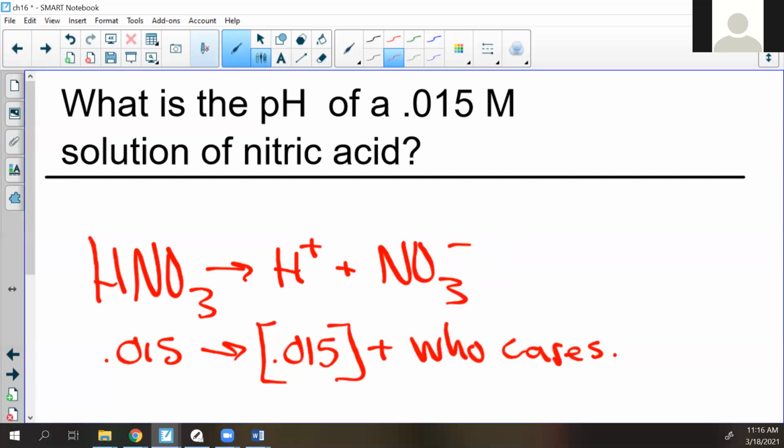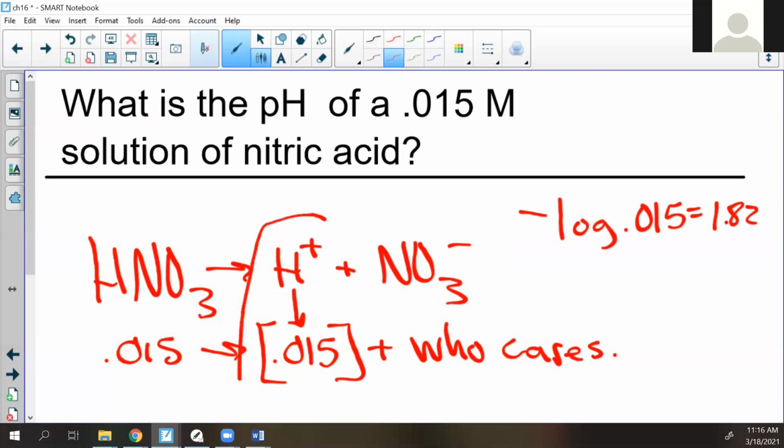So what do I do if I know the concentration of H plus to find pH? Take the negative log. As long as you know the H plus, you're always ready to roll, whether it came from strong or weak calculations. Once I know H plus, I'm ready to roll.